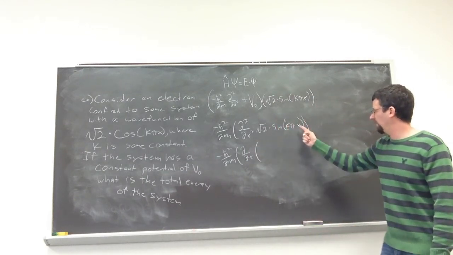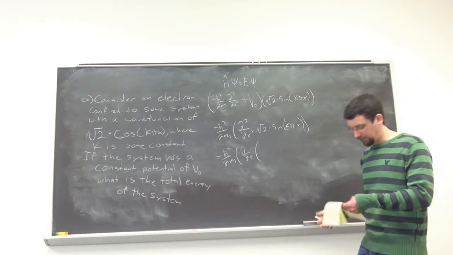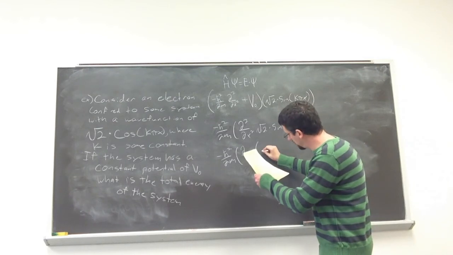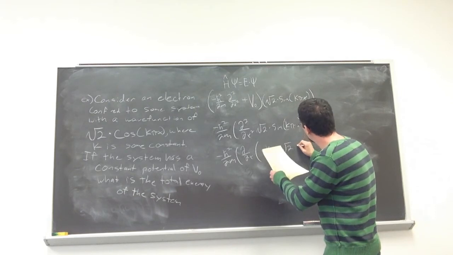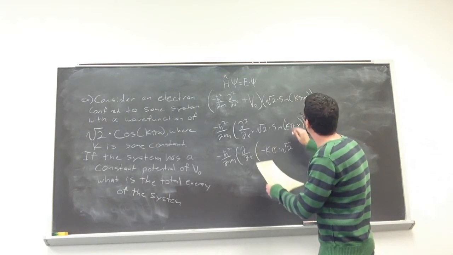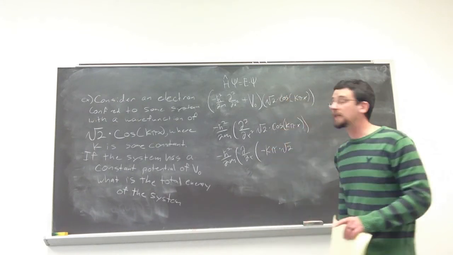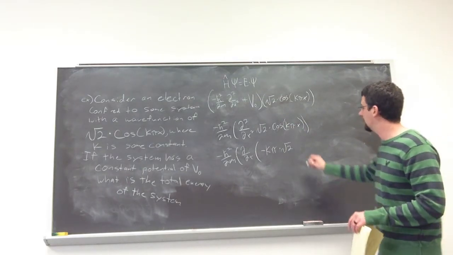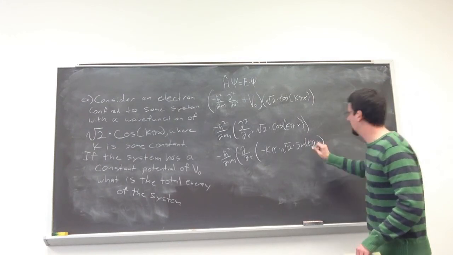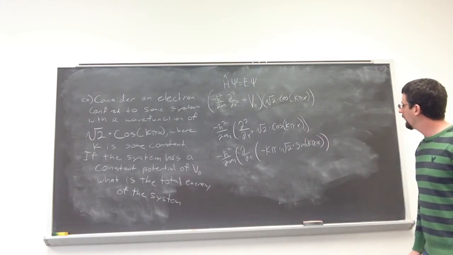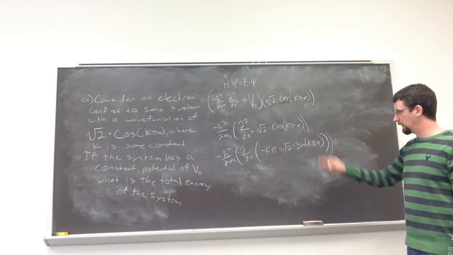Whatever's in front has to come out. We're taking the derivative of cosine, which results in negative sine, so we get negative k pi times square root 2 times sine k pi x. I'm sorry about that, I misspoke earlier. Oh, we need one more parenthesis too. Okay, now we take another derivative of this.